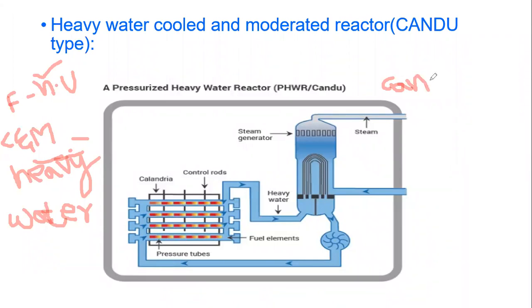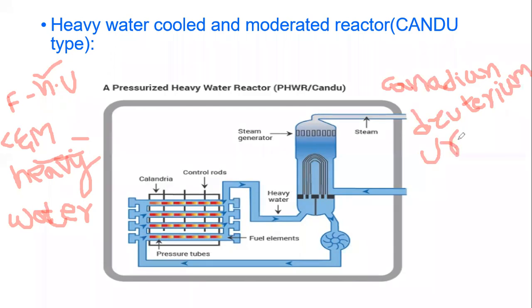CA means Canadian, and D means deuterium, and U means uranium. That is why it is called the CANDU type of reactor, Canadian deuterium uranium.